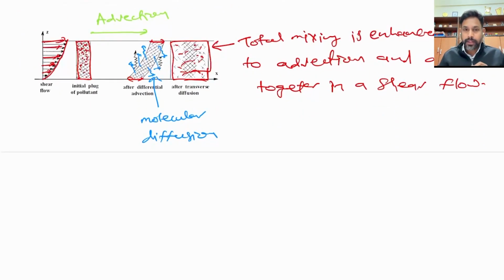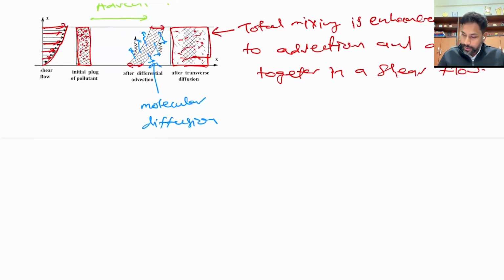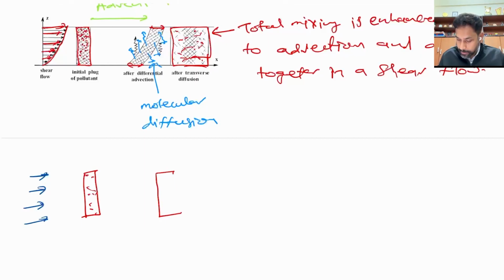Now if you look at the same example and you assume that there is this contaminants and we have fluid going in, coming from one side, and there is no shear flow, okay? So in that case, probably you will still see mixing, but this will be only small.